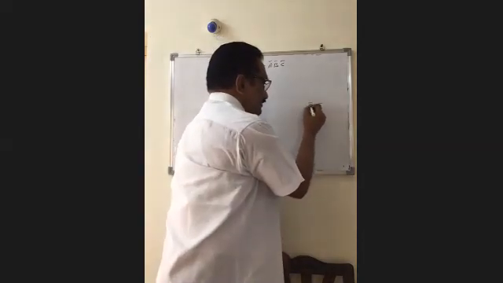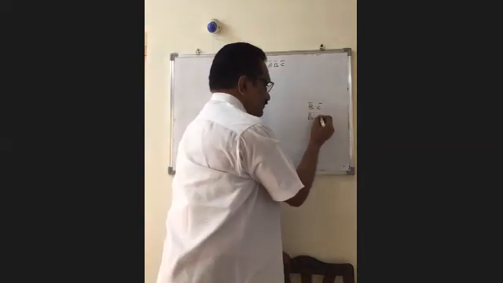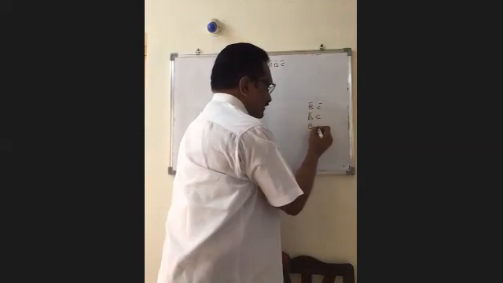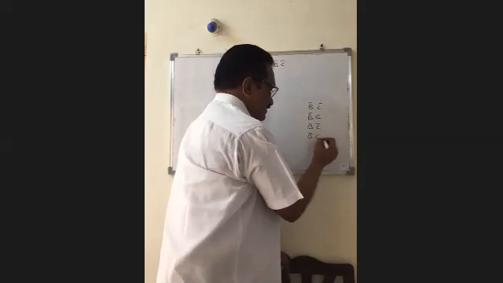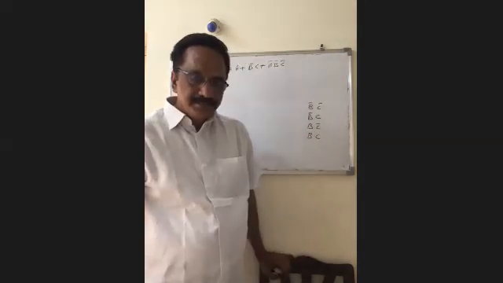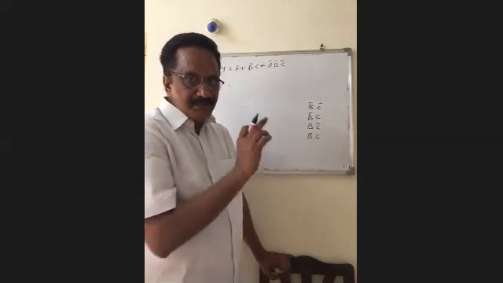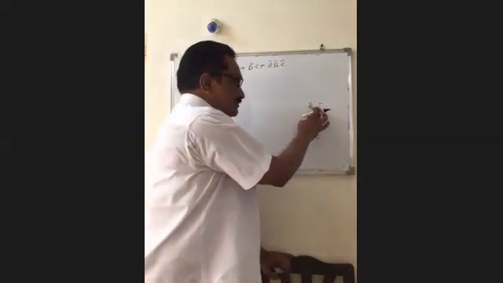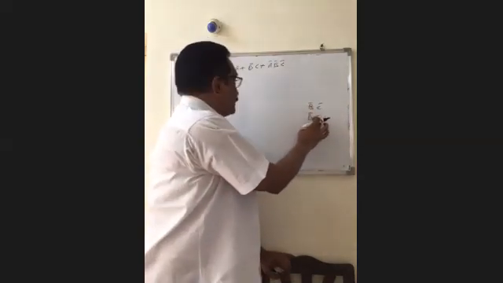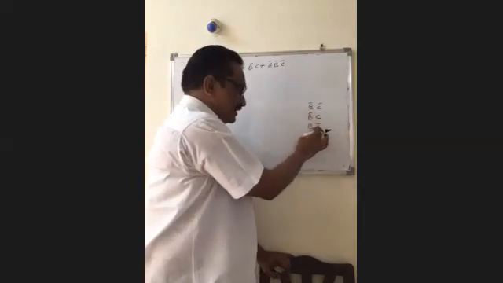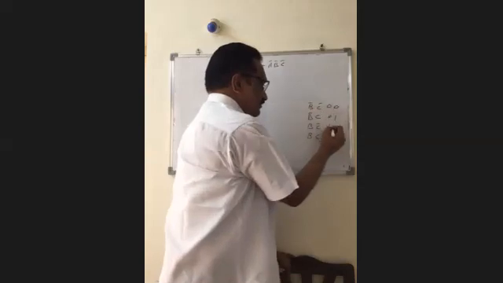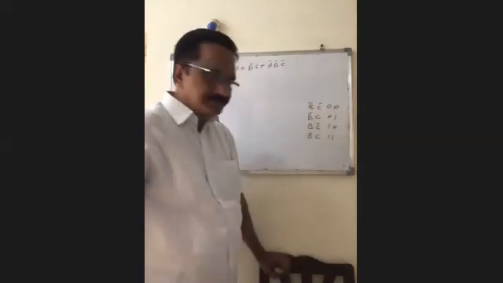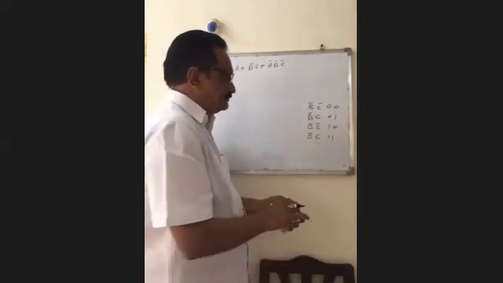B bar c bar, b bar c, b c bar, b c. Memorize this one. It is nothing but 0 0, 0 1, 1 0, 1 1.